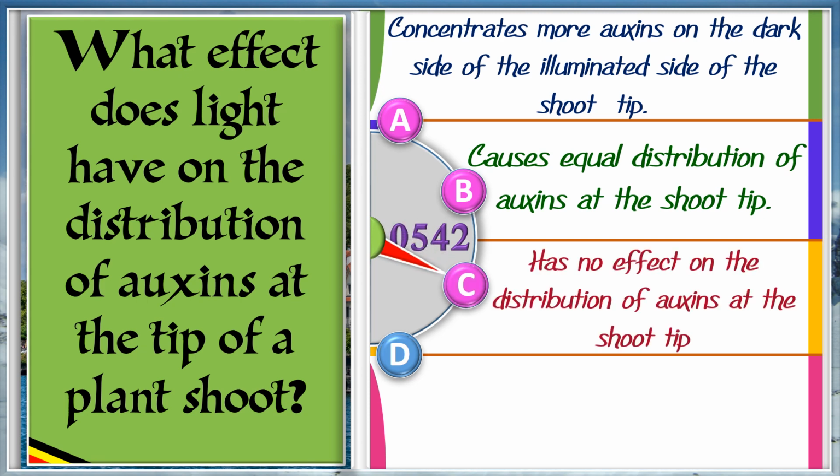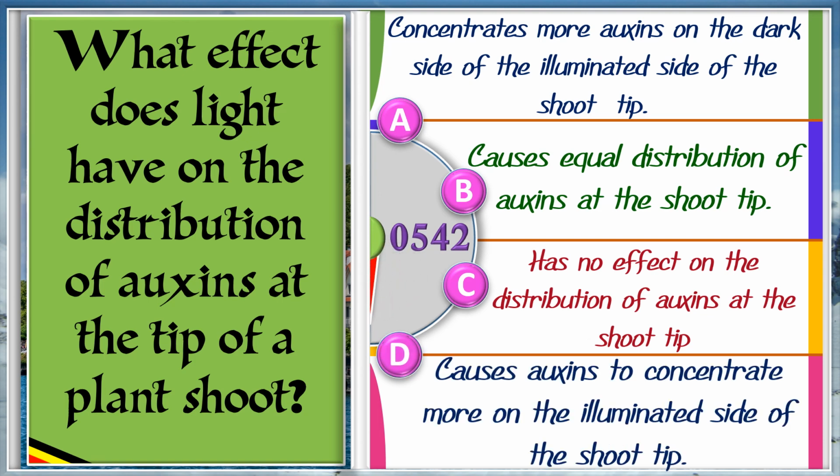C. Has no effect on the distribution of oxygen at the shoot tip. D. Causes oxygen to concentrate more on the illuminated side of the shoot tip. And the answer is A. Concentrates more oxygen on the dark side of the illuminated side of the shoot tip.